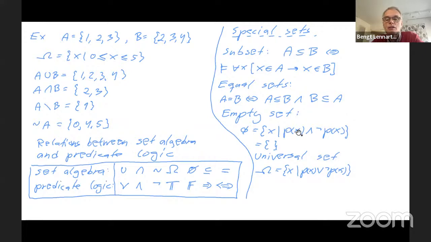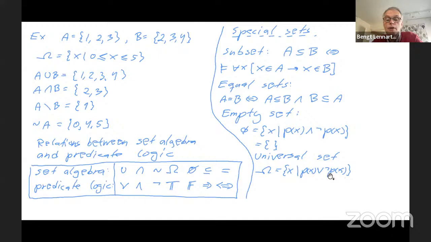The empty set is all X such that you have a contradiction, P of X and not P of X, which generates the empty set. While the universal set includes all sets, and there you have the tautology instead.